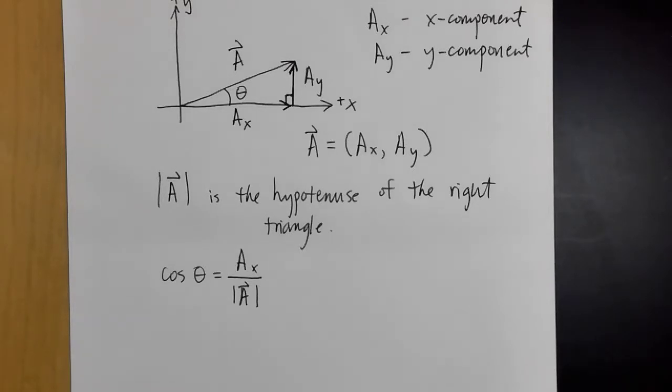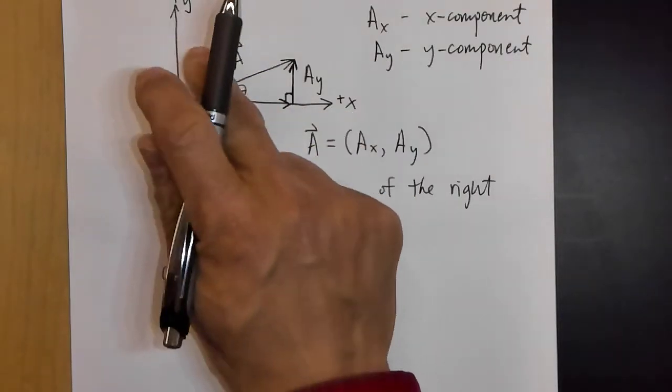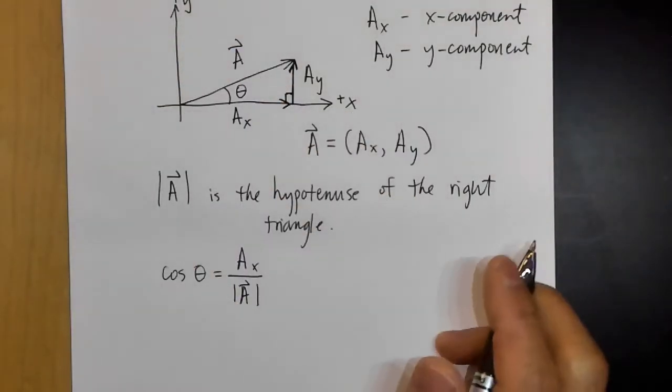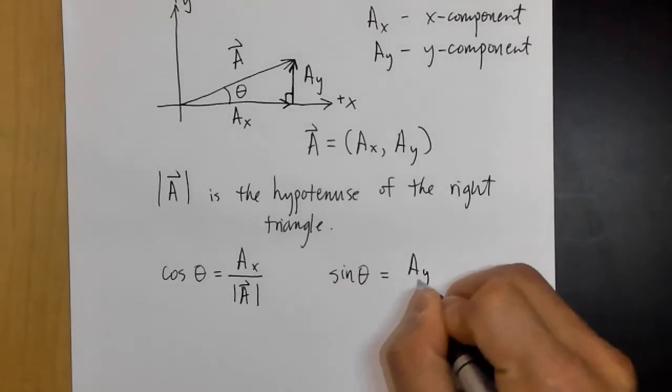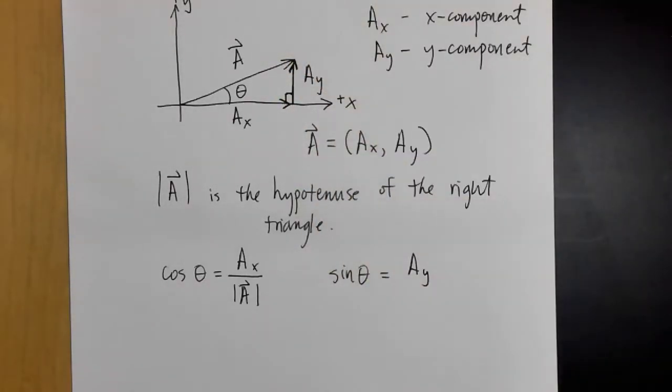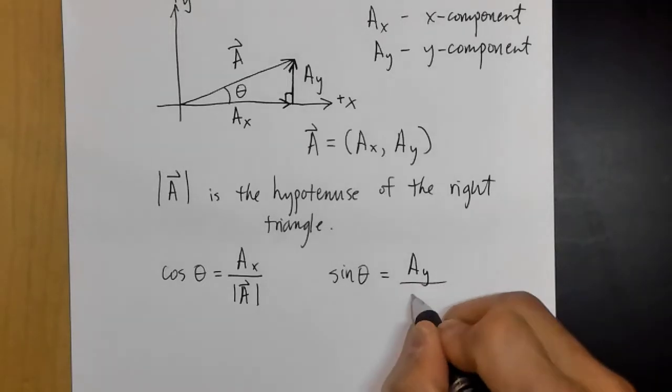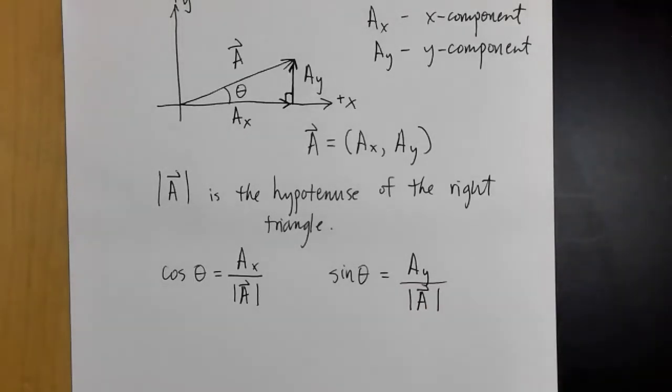Any questions about that? So if I want how long this leg is, it's just how long A is. Now I have the sine of theta. That will be AY, because that's the opposite. Sine is the opposite. So it's the opposite divided by the hypotenuse. So that's AY over the magnitude of A.